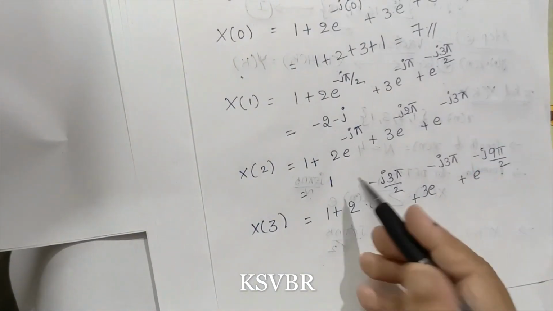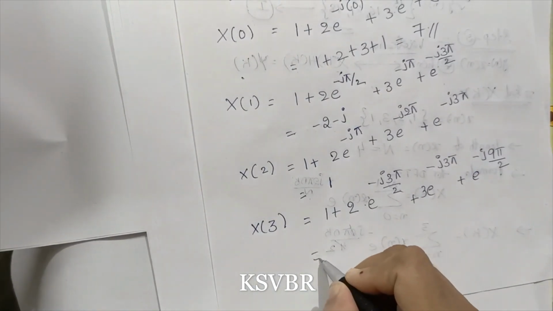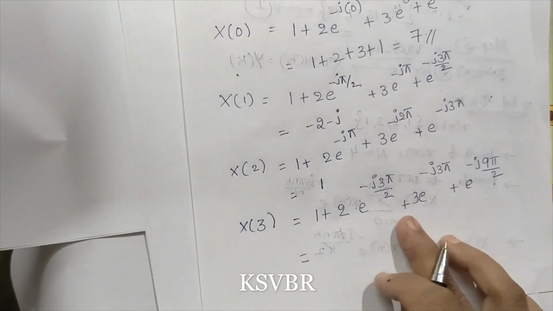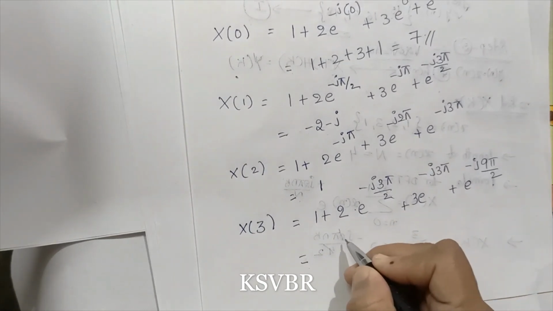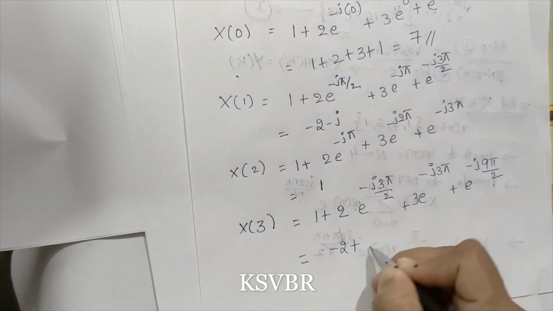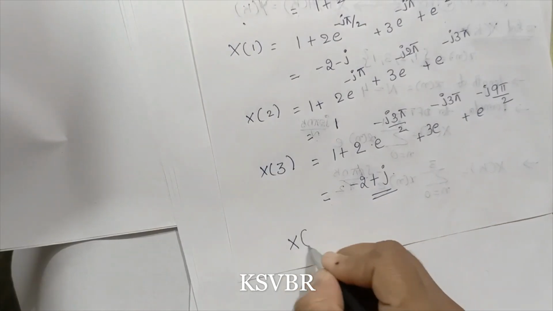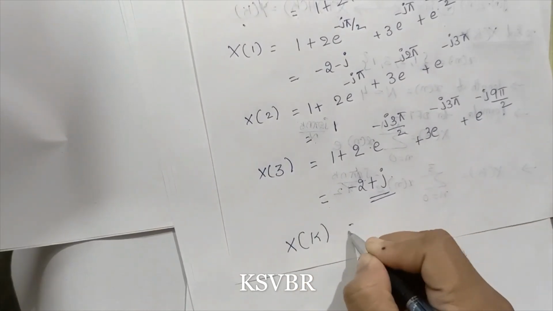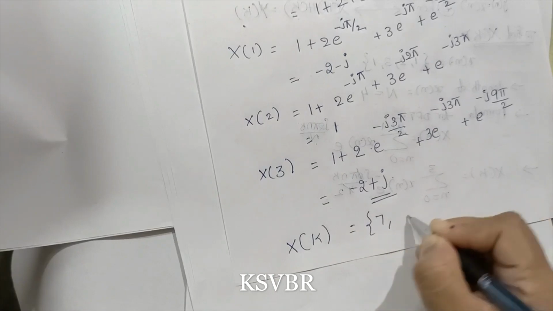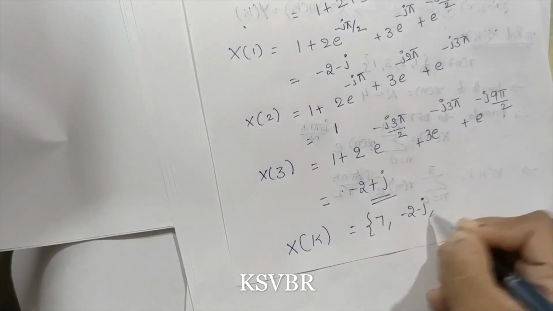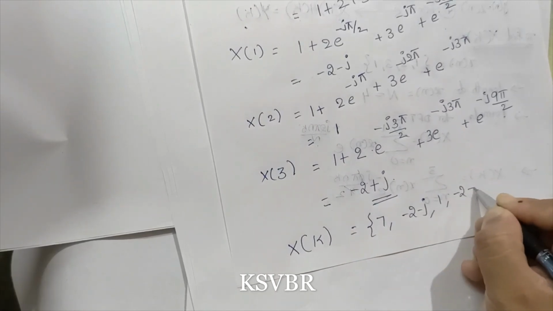So that's why I have written 9 pi by 2 here. If you compute this value with a calculator, it will be minus 2 plus j. Okay, so these are the values of X of k. So how can we represent X of k? X of k is equal to 7, minus 2 minus j, 1, minus 2 plus j.